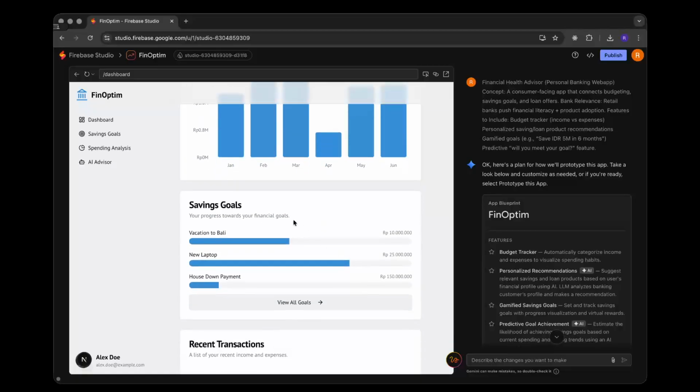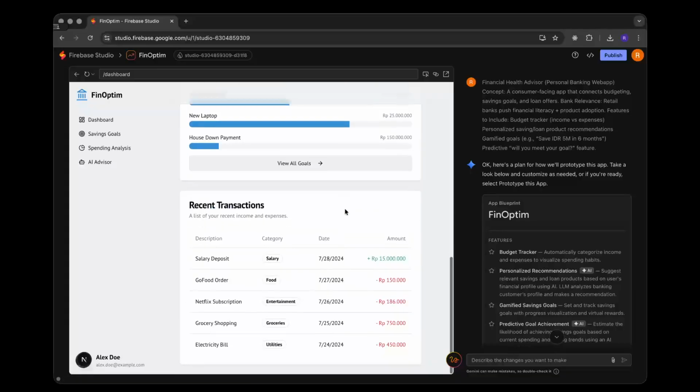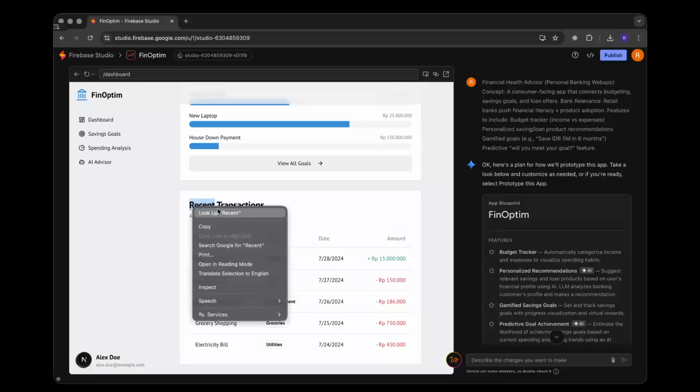Going down, there's also a savings goal, again another visual representation, and the users will be able to add or delete goals as well in future renditions. And finally, the last section of the dashboard is able to show them the recent transactions.